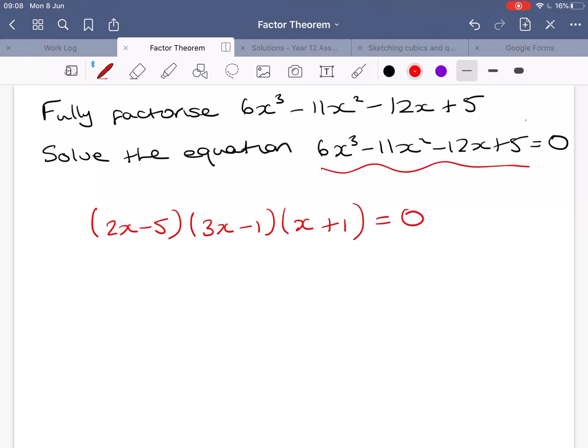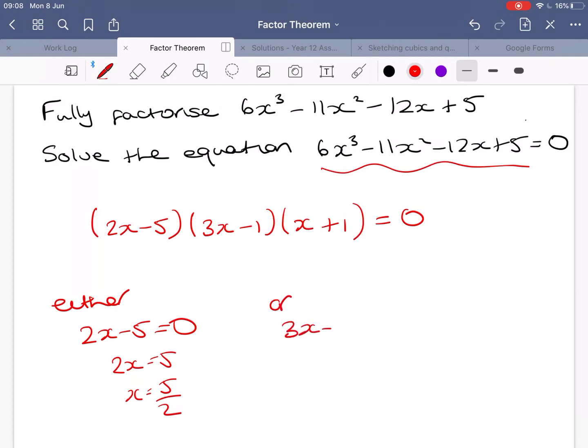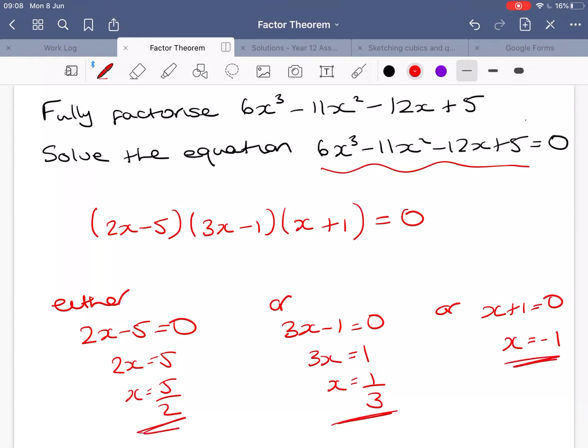So then I would just simply say either 2x minus 5 equals 0, so 2x equals 5, so x is 5 over 2. Or 3x minus 1 equals 0, so 3x equals 1, so x equals 1/3. Or x plus 1 equals 0, so x equals minus 1.